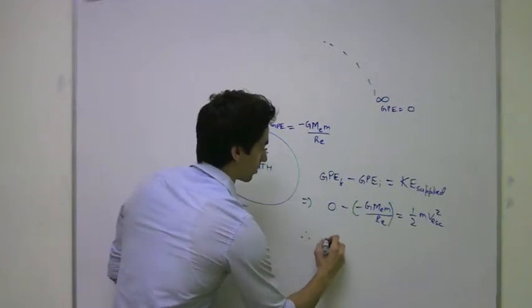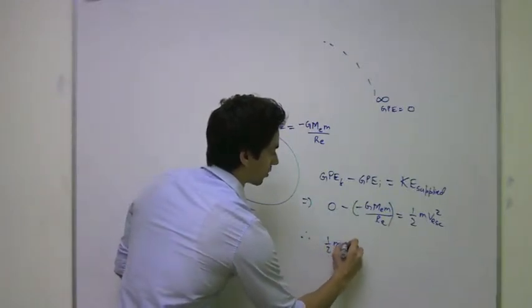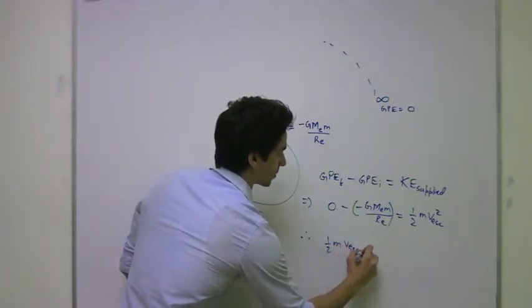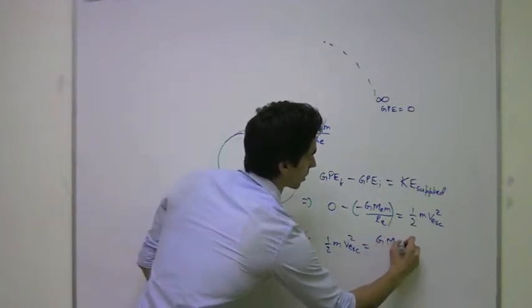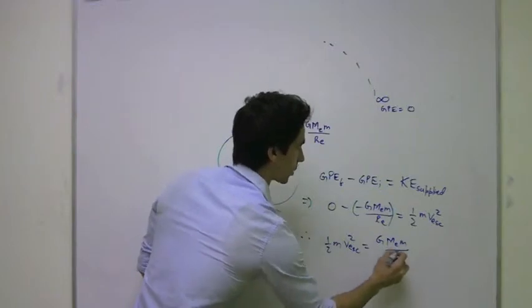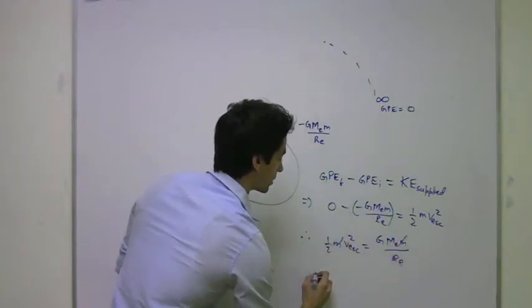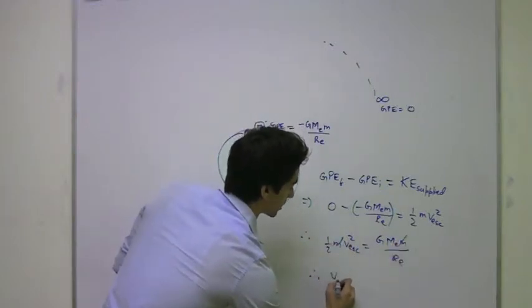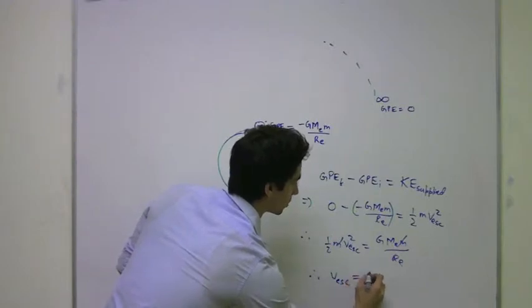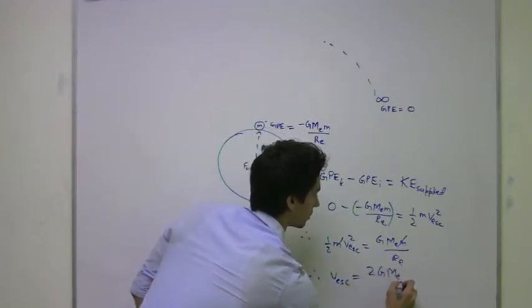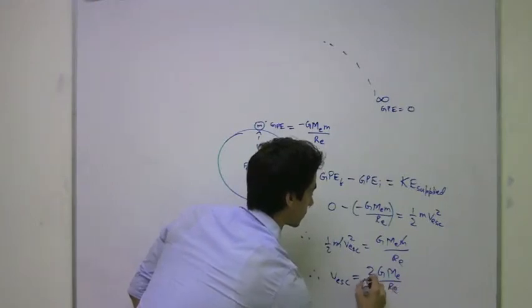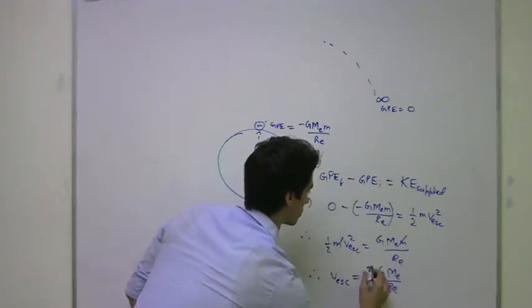So half m v escape squared equals GMe m over Re. From here you can see that v escape equals the square root of 2GMe over Re.